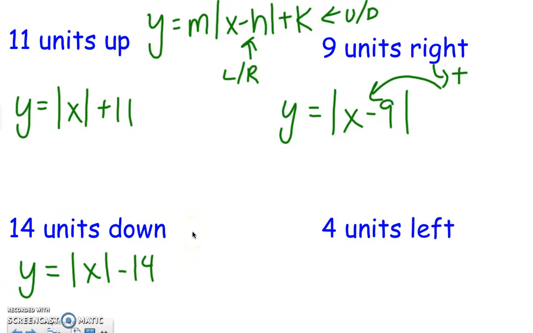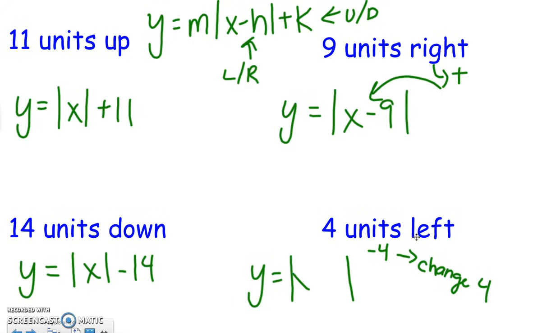Okay? Again, left or right are tricky. So if you go to the left 4, you would think it's -4, but you have to change your sign. So it would be a positive 4. So you would have y equals, it's going to be on the inside because it's going left or right, and then it would be a positive 4.